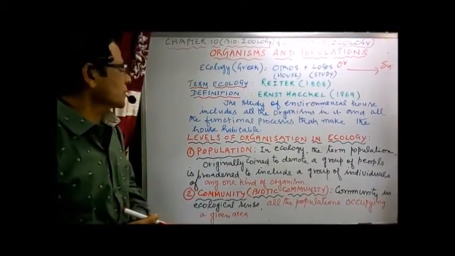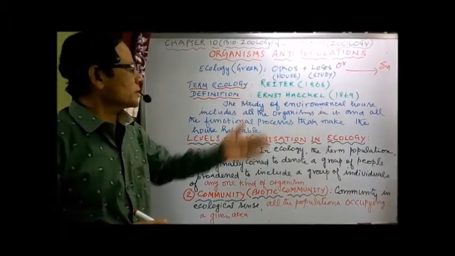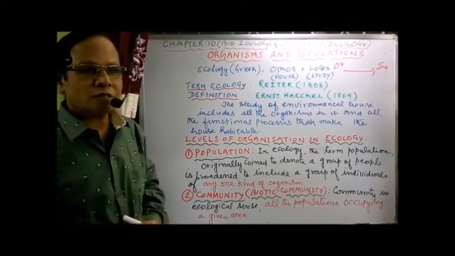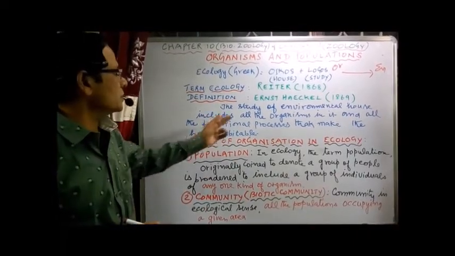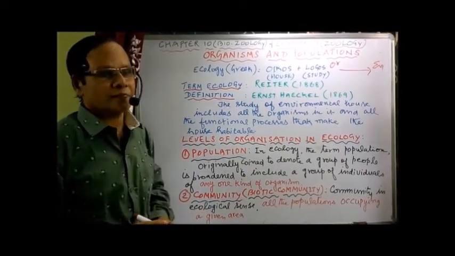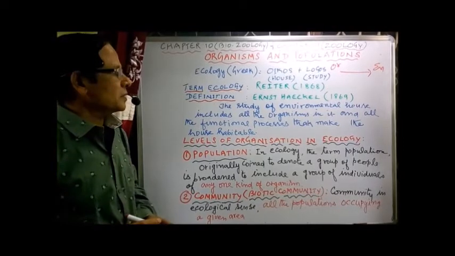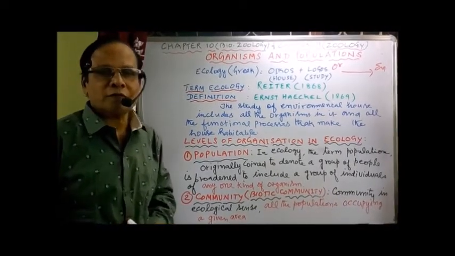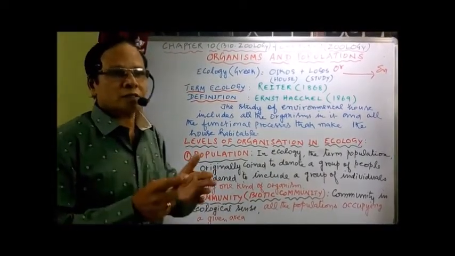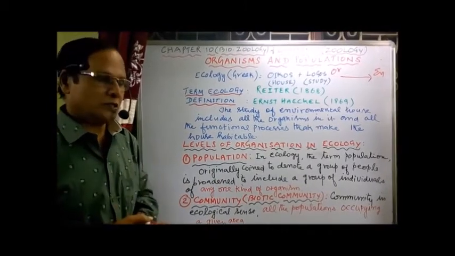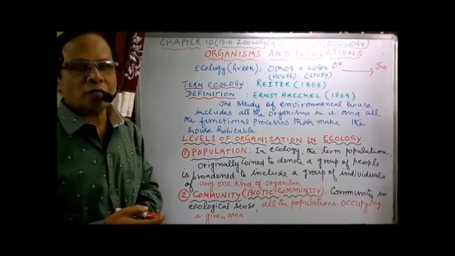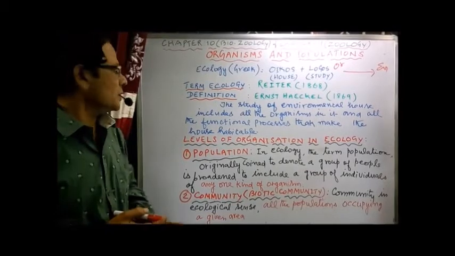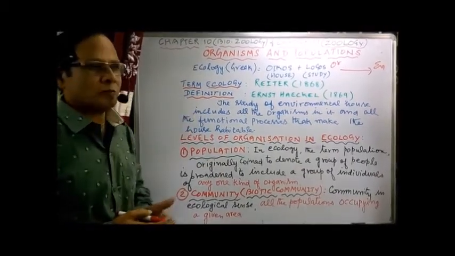We'll talk about it later. So the term ecology was given by Reiter in 1868, but the definition of ecology was given by Ernst Haeckel in 1869. Simply, the study of interactions between the organisms and the environment is called ecology, now called environmental science.